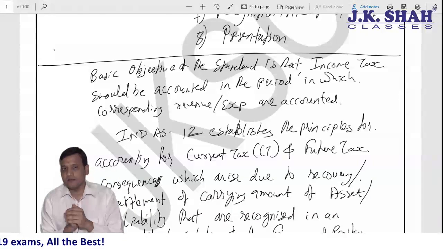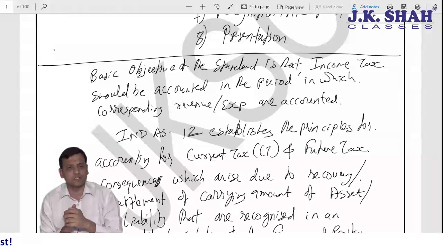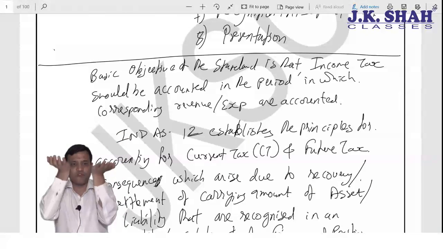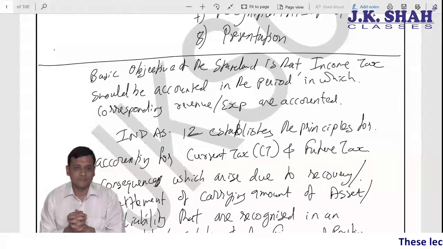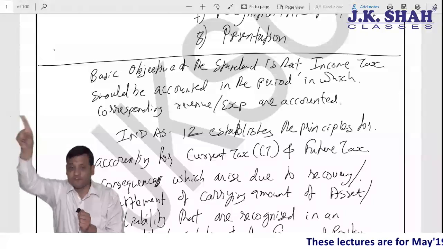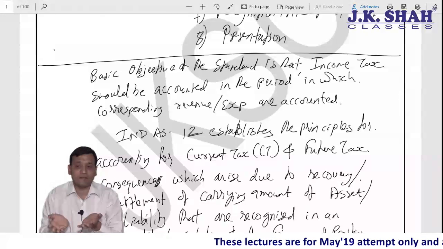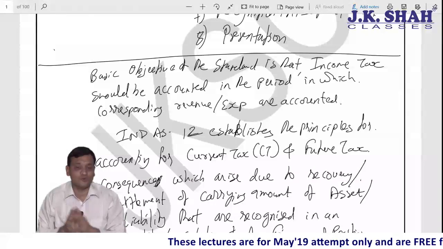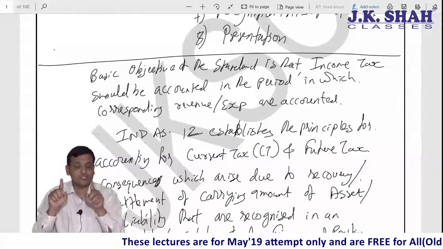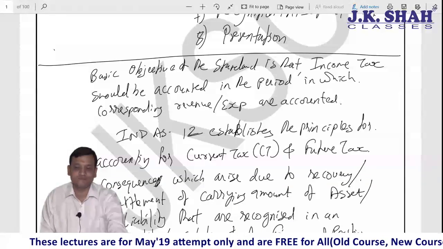So what will happen? The moment I charge 10 crores as depreciation in the accounts, my book profit is very high. And because tax people have charged depreciation based on 50, the taxable profit is less. So I pay less tax now, because the amount of depreciation considered by the tax authority is more.